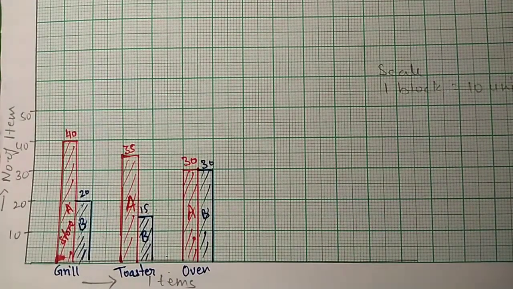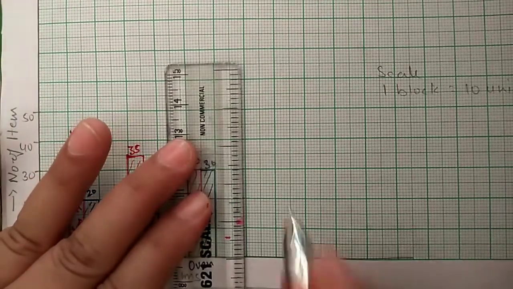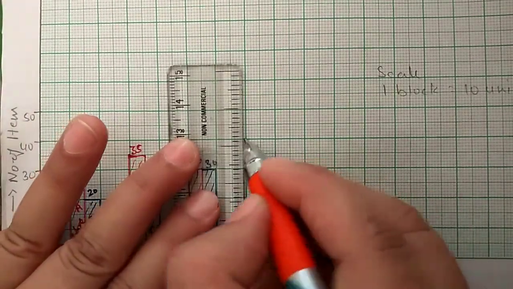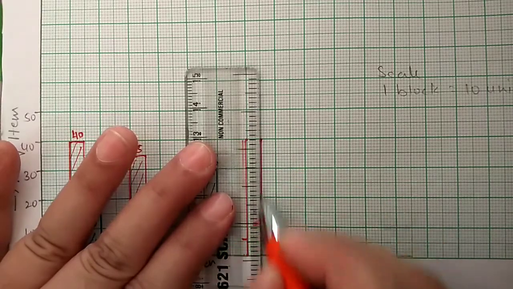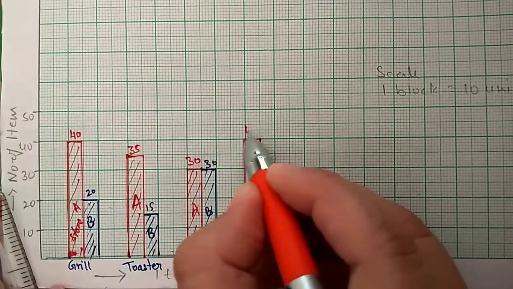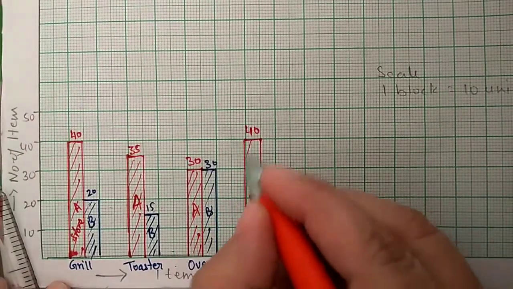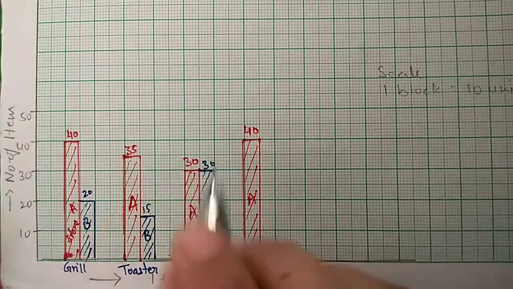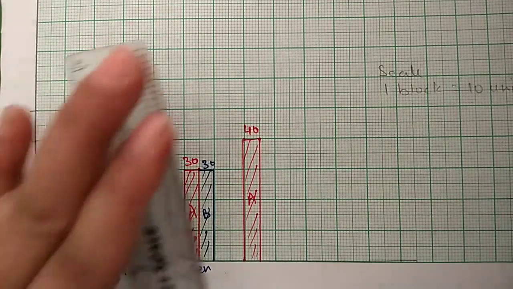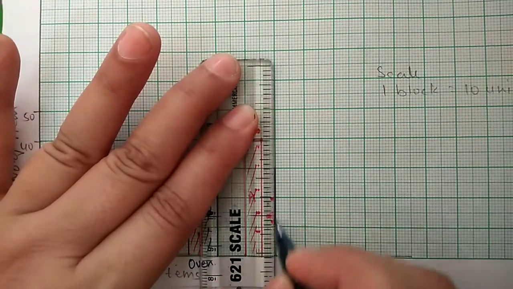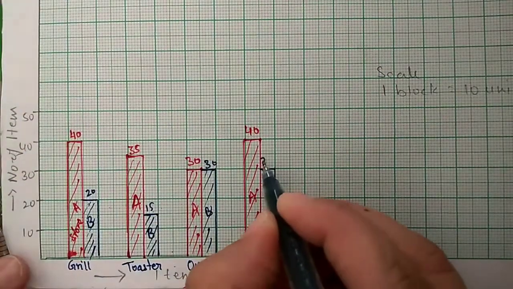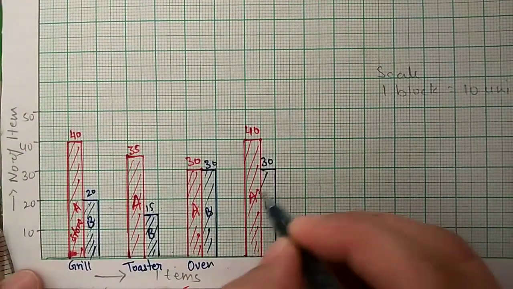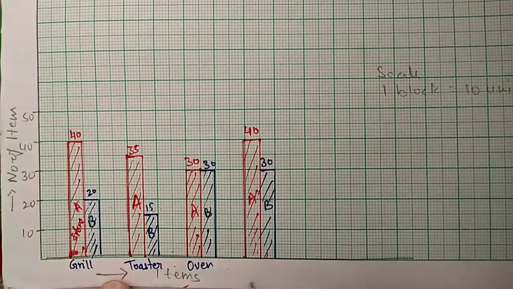After this, next is blender, 40. For store A it is 40. Then for store B it is 30. This is for blender.